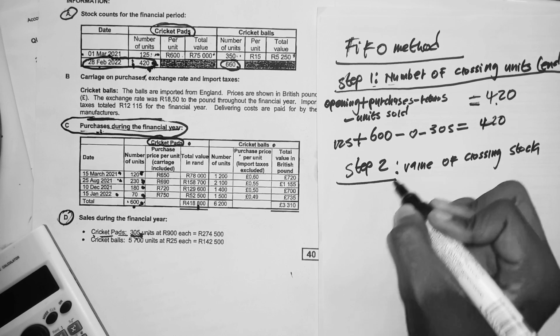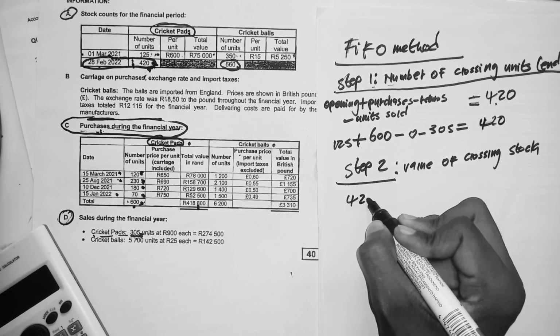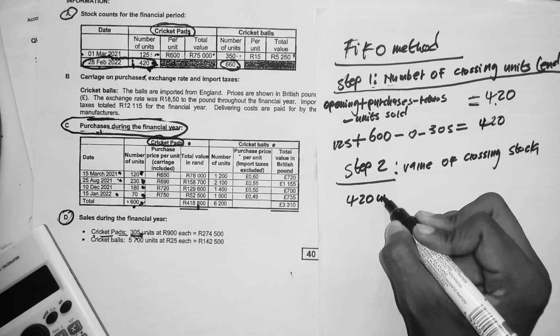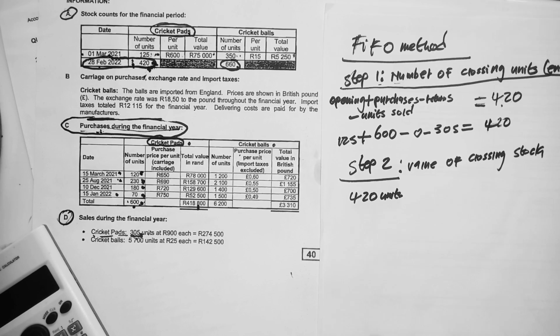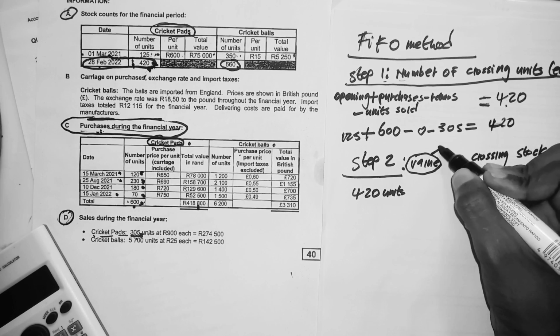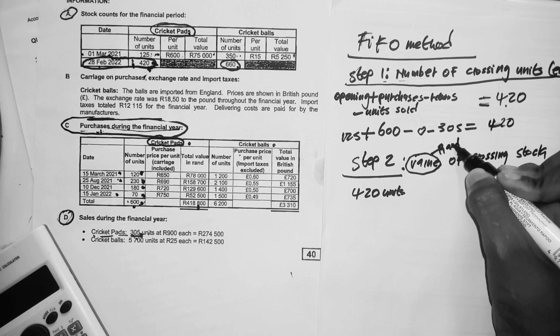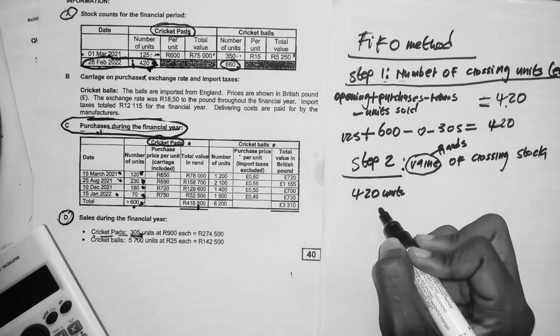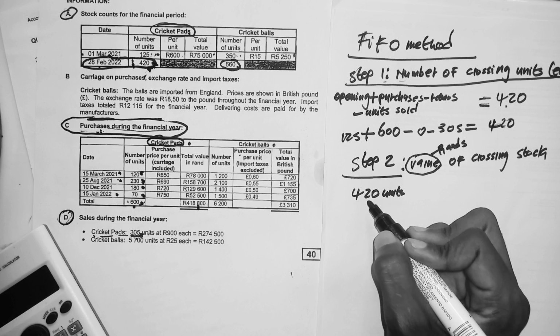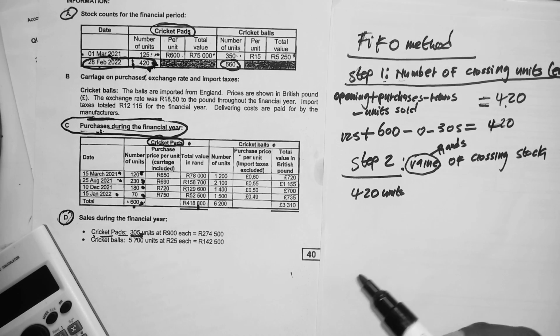So step 2, okay, we have 420 units of closing stock. Yes, but now we want the value. Value means we want to see how much it costs in rands. How much does this 420 cost in rands? In order to get that, you have to apply the method that they said you must use.